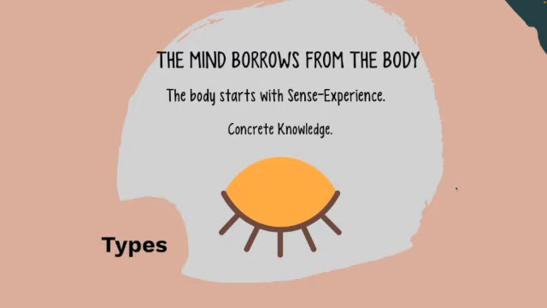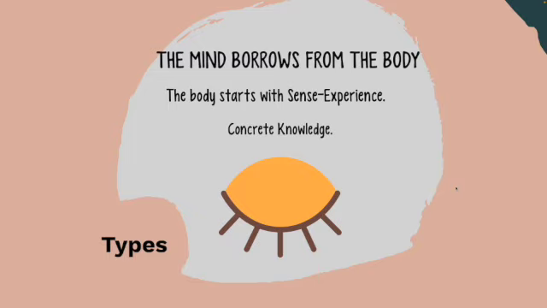You have concrete knowledge that's not abstract. Your body knows a lemon. Your body knows ketchup, maybe. Your body knows cold water. What this is going to say is a lot of your language and a lot of your thinking process had to borrow from what your body initially knew.